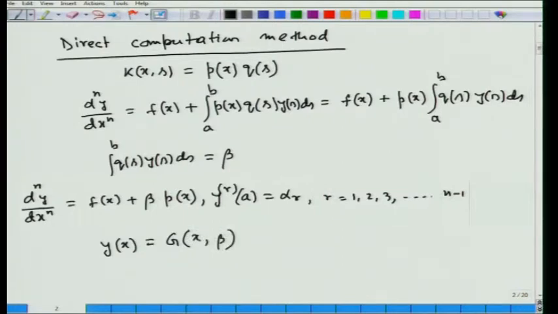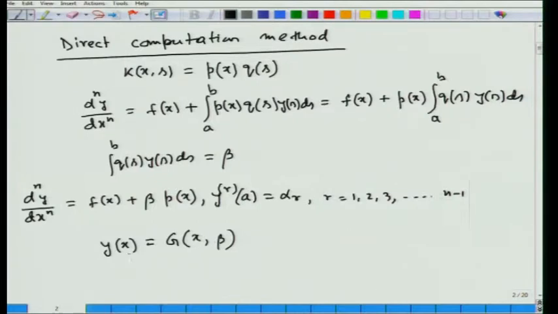Of course, this g will involve the given constants alpha_0, alpha_1, alpha_2 up to alpha_{n-1}, but for the sake of brevity, we can ignore those given fixed constants here, and we just intend to mention that y(x) will involve this beta.